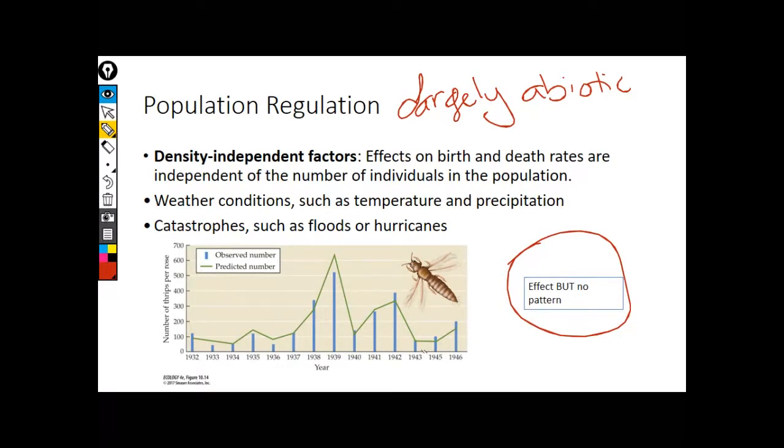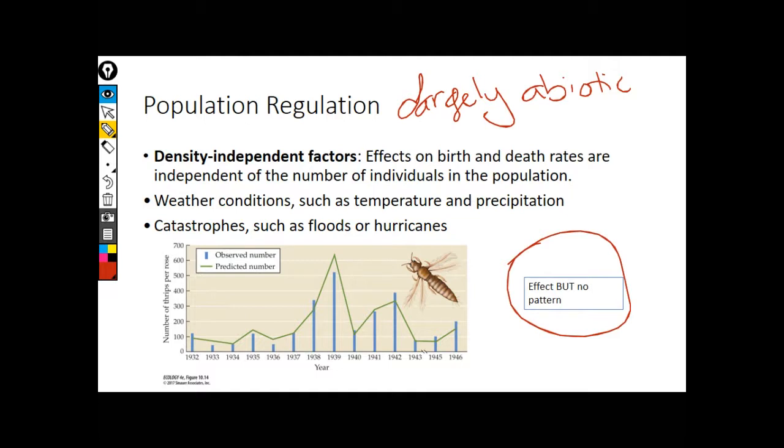So it's equal opportunity effects. I call these chance factors. Last year when it was super dry for a really long time, that would have affected a lot of organisms.